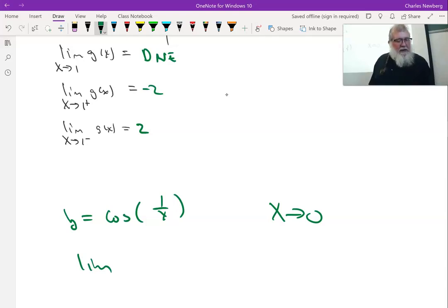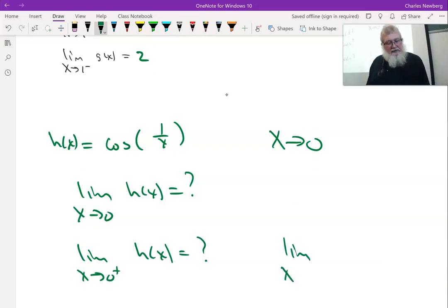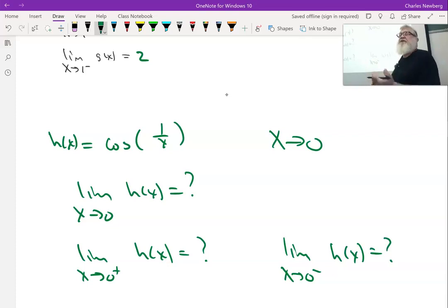So what's probably the interesting limit to look at? Let's call this function h of x. The limit as x approaches 0 of h of x. And we might even be interested in the limit as x approaches 0 from the positive side, and the limit as x approaches 0 from the negative side. Unless we look at the graph, we can say it all together.